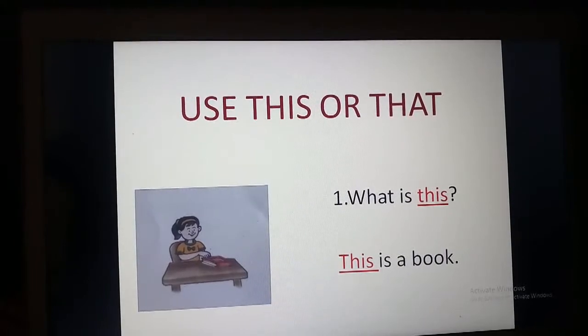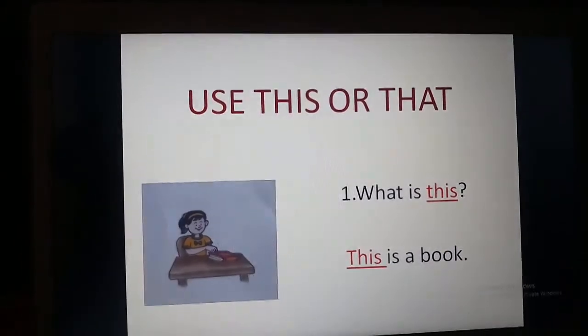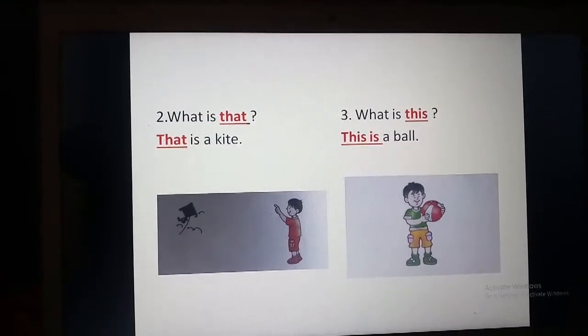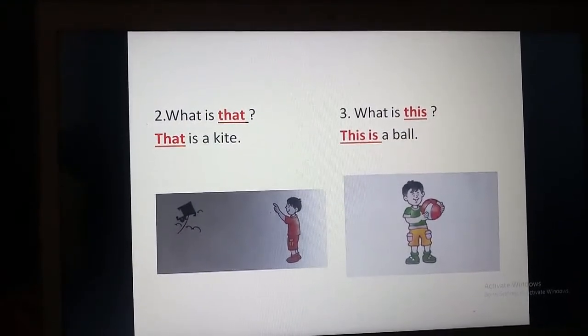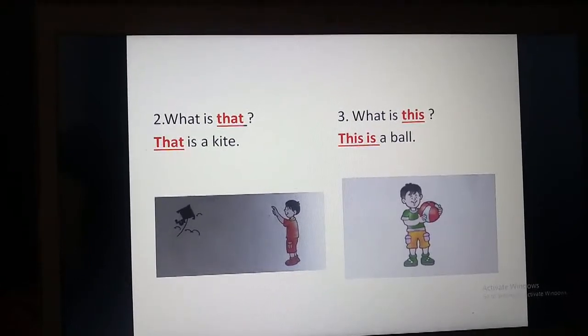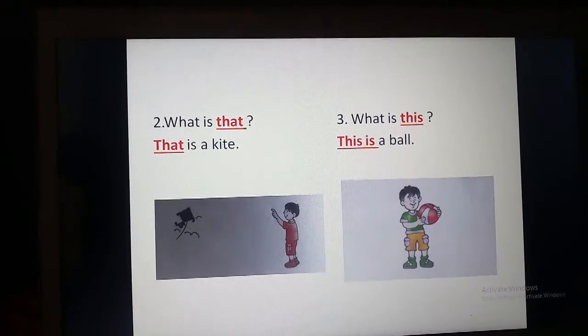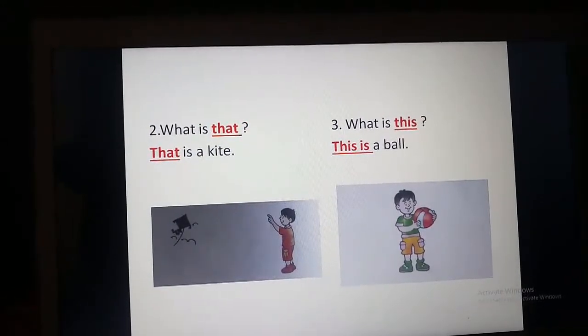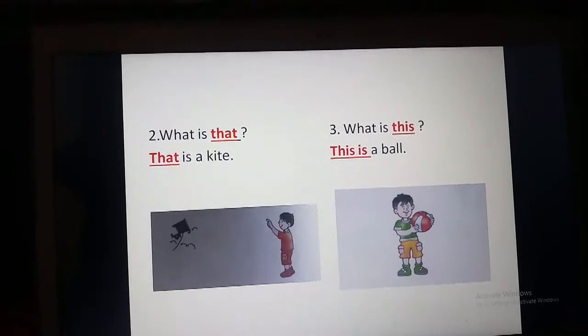Okay. Now look at the next picture. Look at the second picture. Kite. Is the kite near to the boy or far from the boy? Yes, near or far? Yes, the kite is far from the boy.